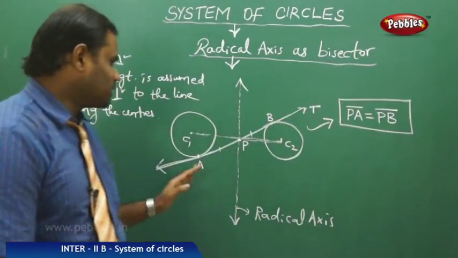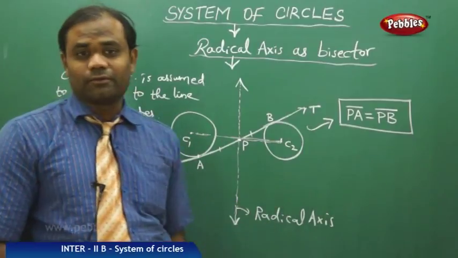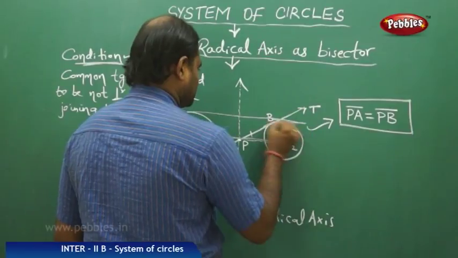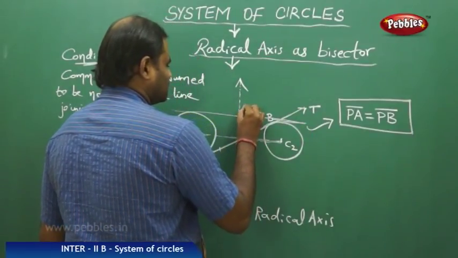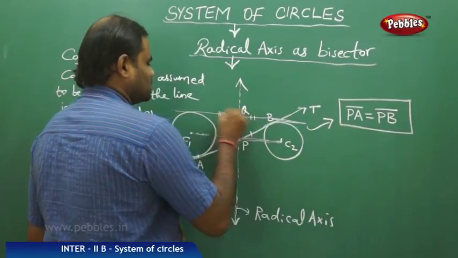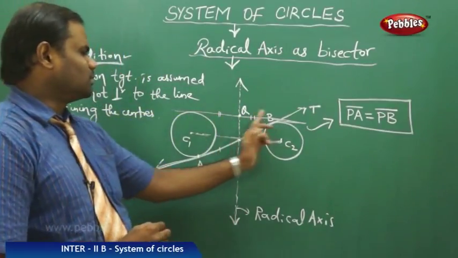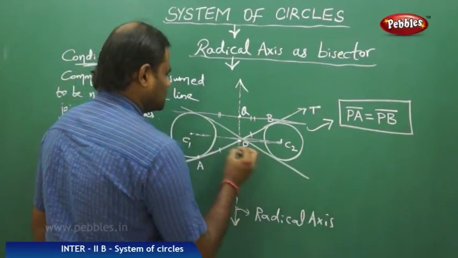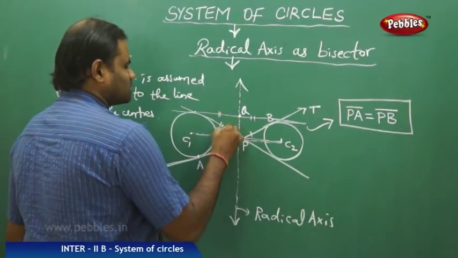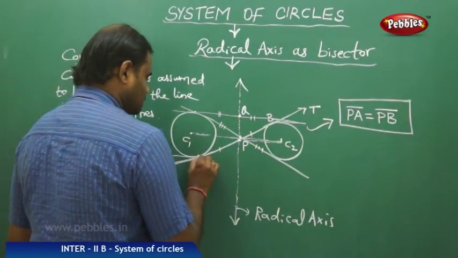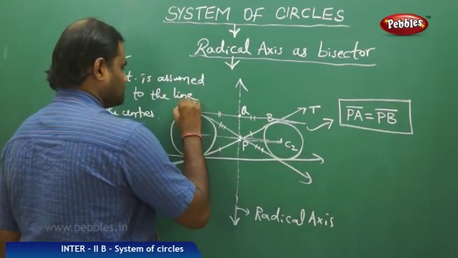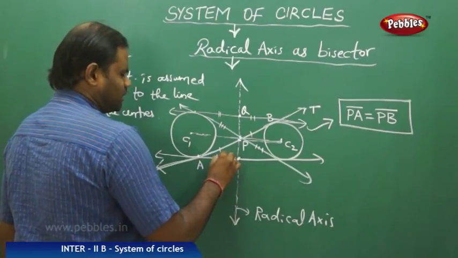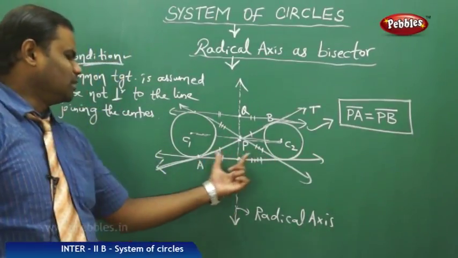Now, not only that, for this common tangent, we know that when two circles are disjoint, we have four common tangents. Say if I have the tangent this, then in this case also we have Q where this is equal to this. And similarly, if I take the other tangent, then this will be equal to this. And then finally, the fourth is this, and here also we have this equal to this.